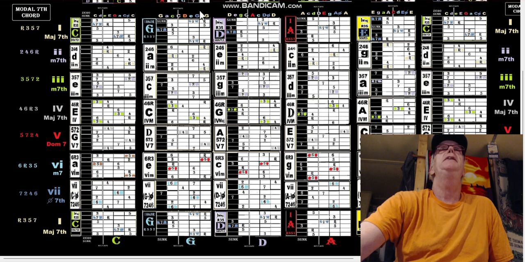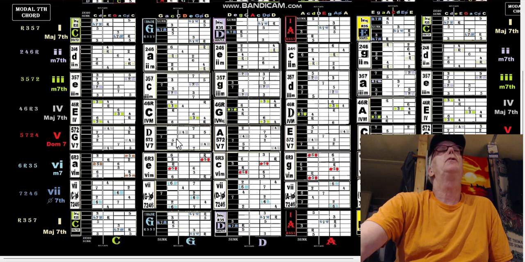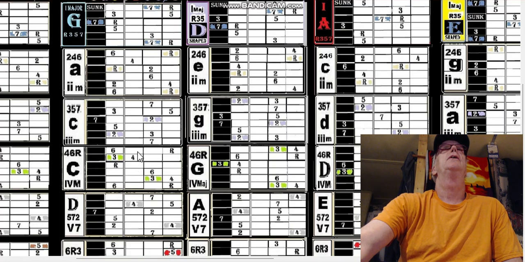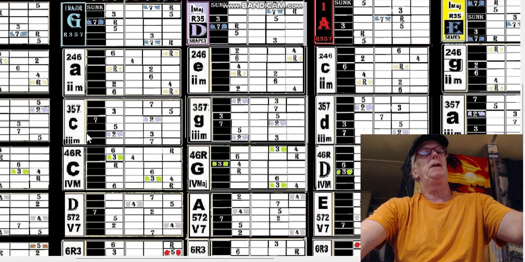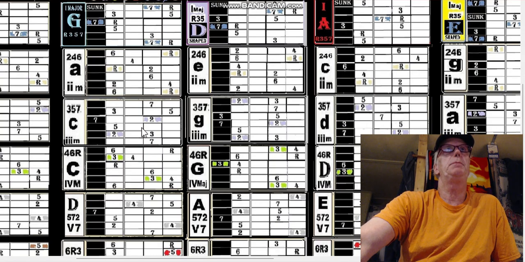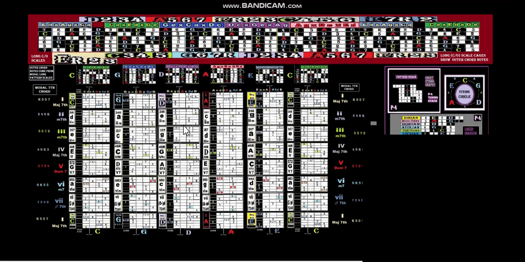Alright, in the G box we only have one sunken note, it's a major 7th, and you can pretty much make all the chords without it. Okay, right here, the third minor in key of C would be 3, 5, 7. So there, you need that 7 to make that third minor right there. Okay, so you can see, even in the G box, that sunken note has to be dealt with in a half chord. So that's why.